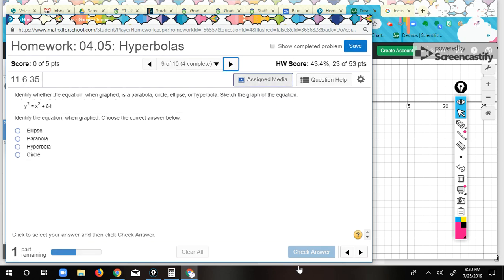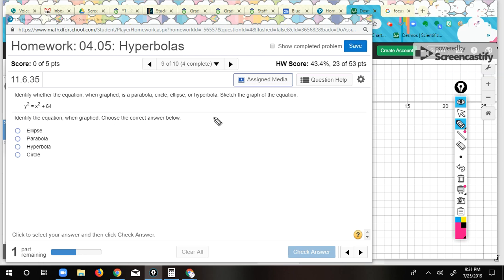Last one. Okay, this one here, they want you to identify what it is and then sketch the graph. I would just go ahead and throw it in Desmos. Here's what we could do. We could switch stuff around.